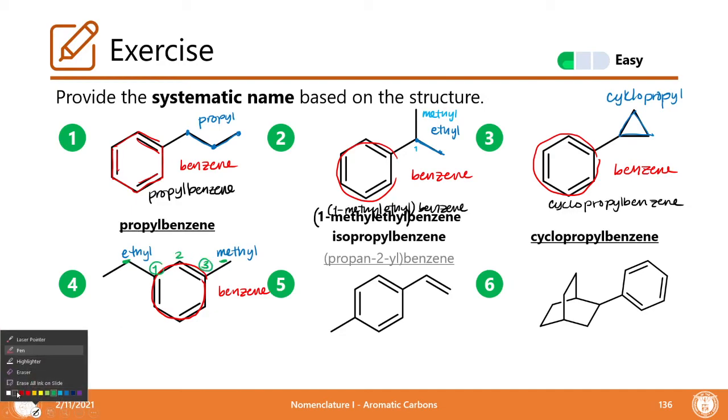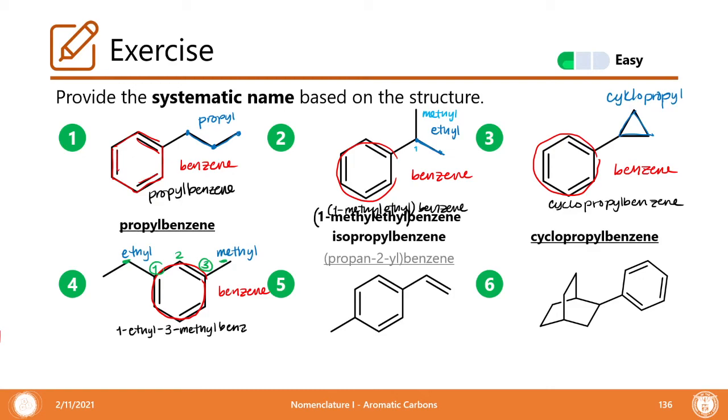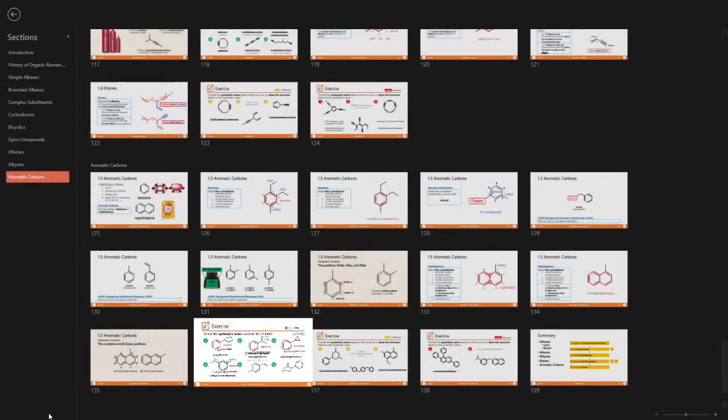So we have 1 ethyl, 3 methyl benzene. Okay, so 1 ethyl, 3 methyl benzene. Okay, let's go to the next example.